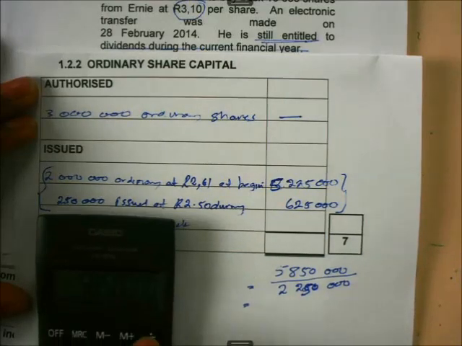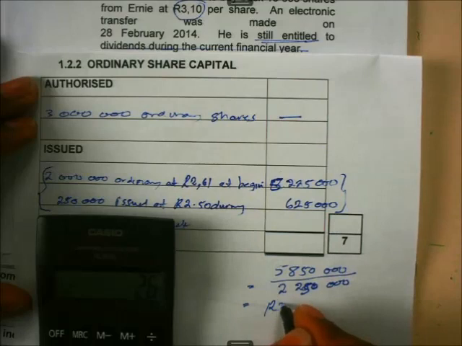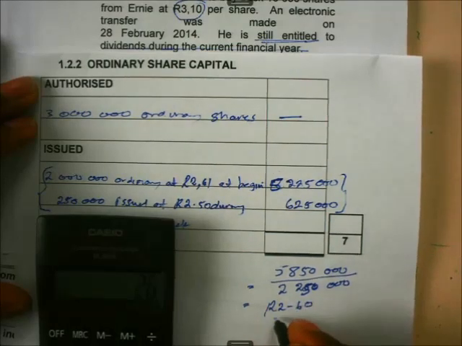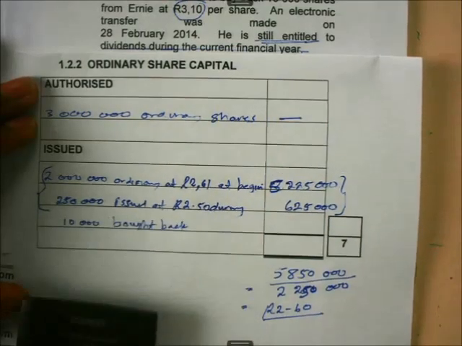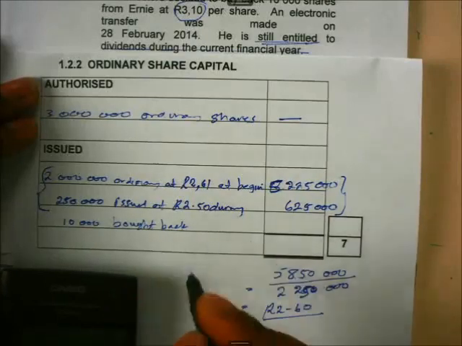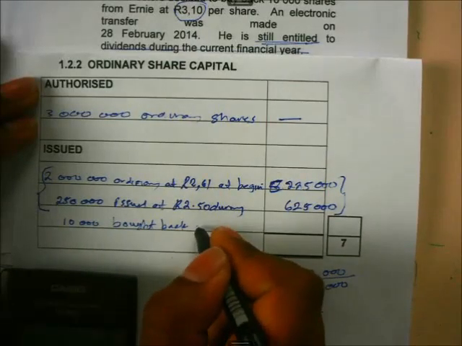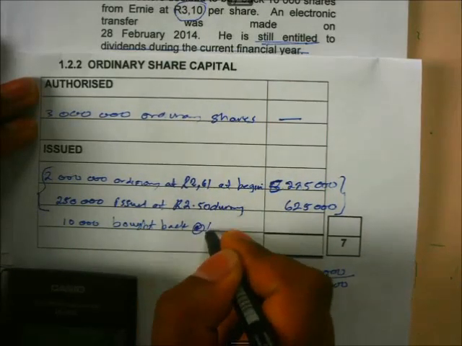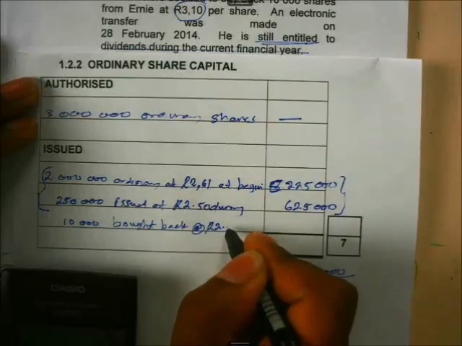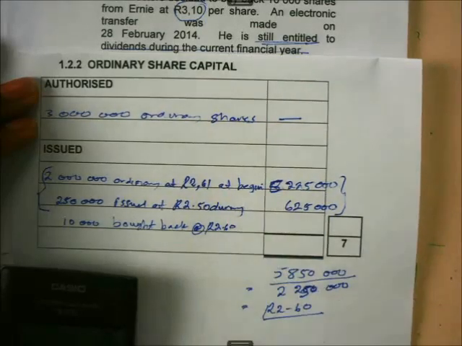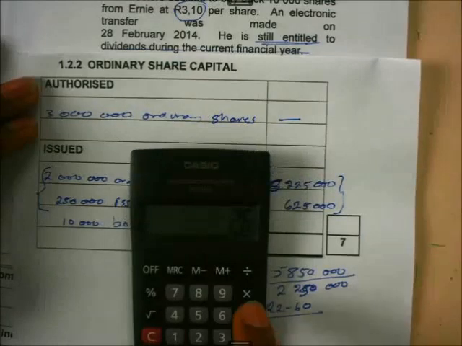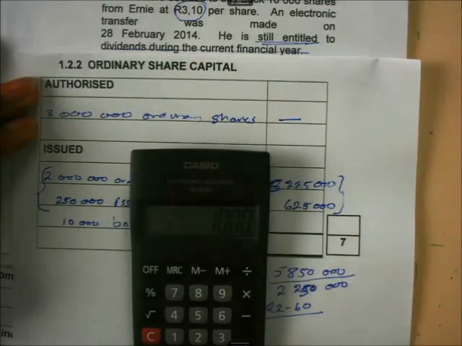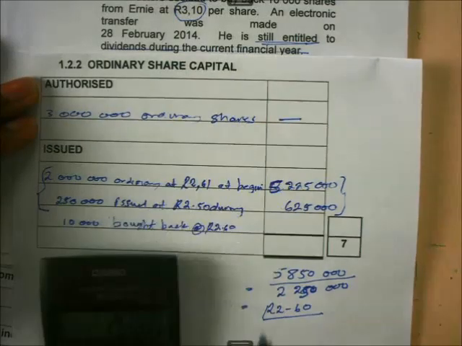Then let's divide by 2,250,000. It gives us R2.60, which means the ordinary share capital is going to decrease with the average share price of R2.60. Then R2.60 multiplied by 10,000 shares gives us 26,000.